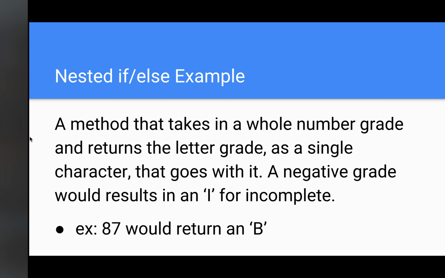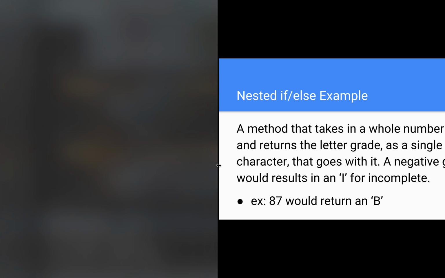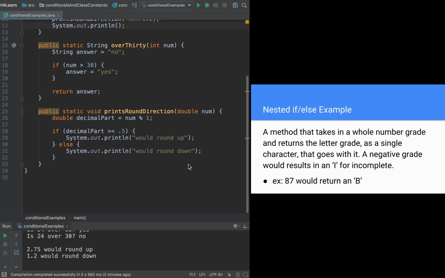So we're going to do a nested if-else example. So it's going to be a method that takes in a whole number grade and returns the letter grade as a single character that goes with it. A negative grade will result in an I for incomplete.